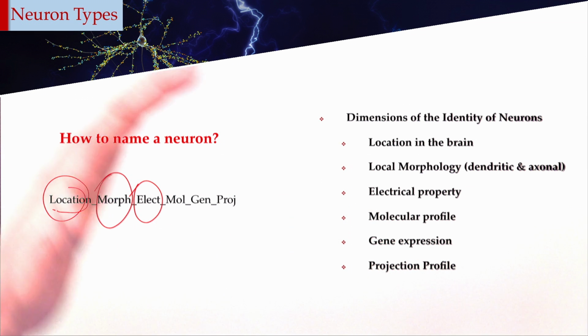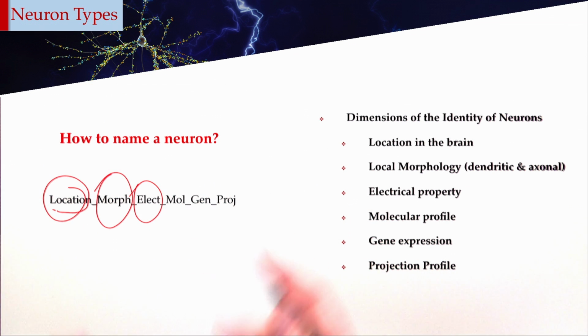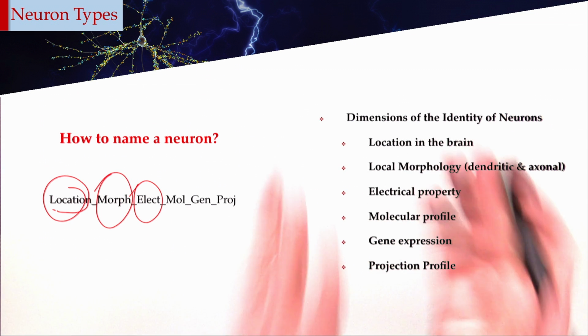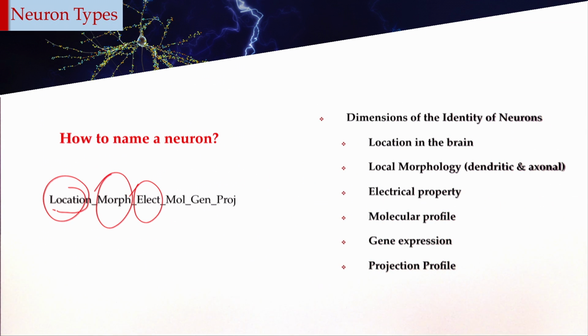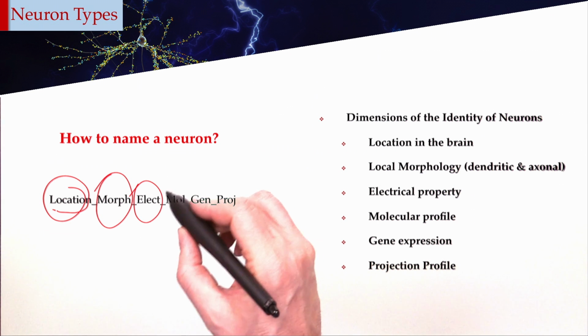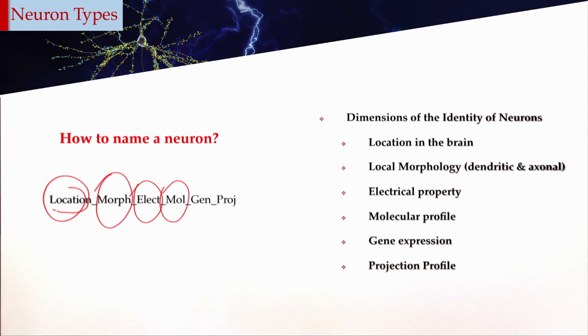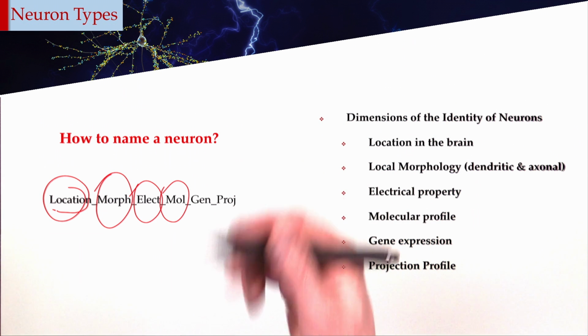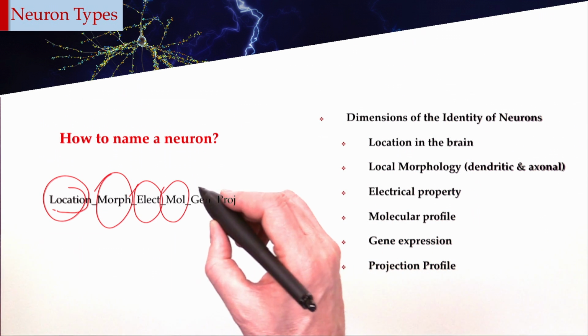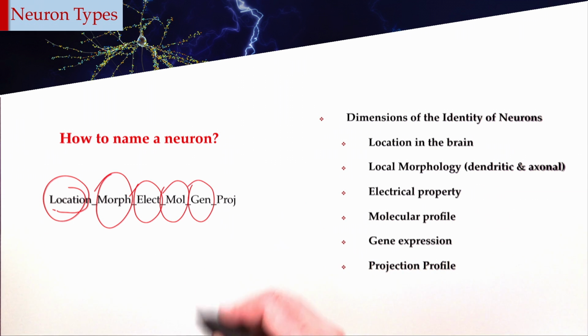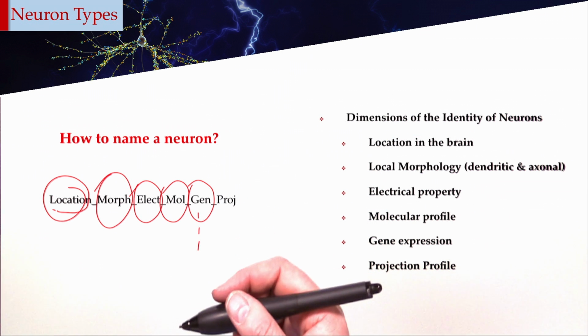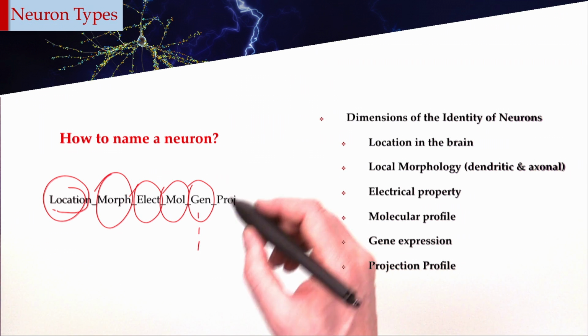And then you identify what subclass of electrical behavior it has, so it would be visual cortex layer 2, Martinotti cell, delayed accommodation. And then you'd identify what molecular profile it has, such as expressing somatostatin. And then you would go further and indicate as many genes as you can find within that cell that may characterize that type of cell.